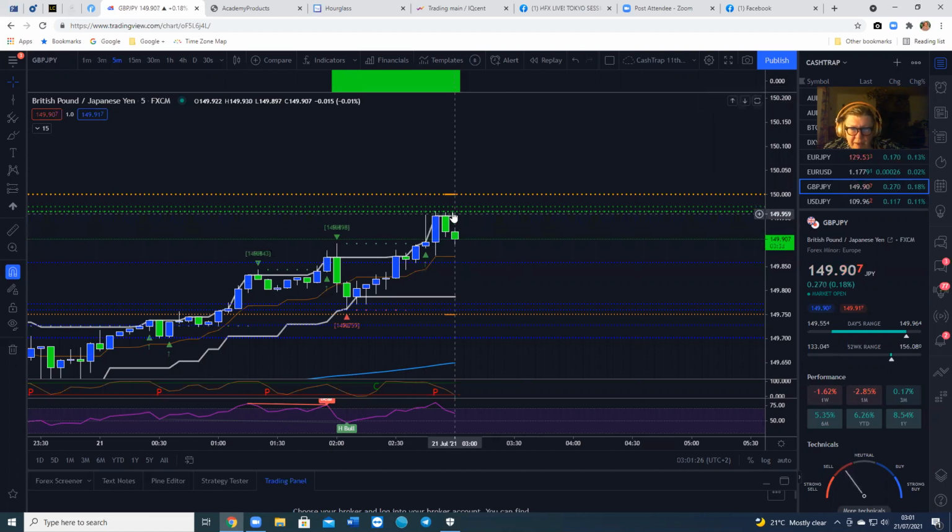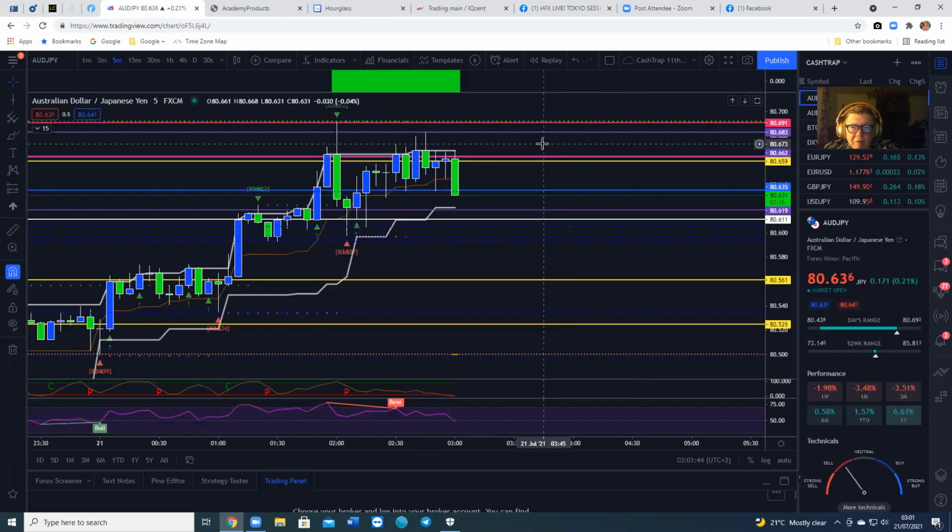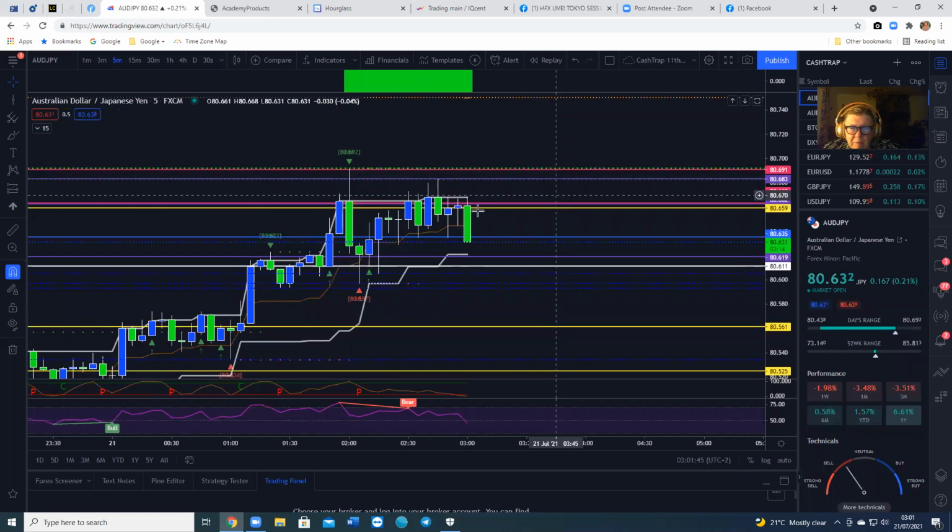The only thing I'd say is I don't think it's going to push back up to here. It again could be in transition now because it's already been up at that level twice. Let's look back here. And our Australian dollar, Japanese yen, as we said on the hour, it was weakening.